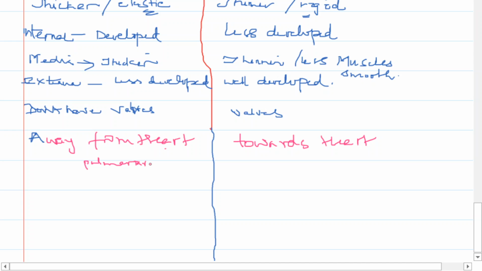Pulmonary artery, where the deoxygenated blood is taken to the lungs. And in the veins, which bring all the deoxygenated blood from all parts of the body, the only exception is the pulmonary vein.